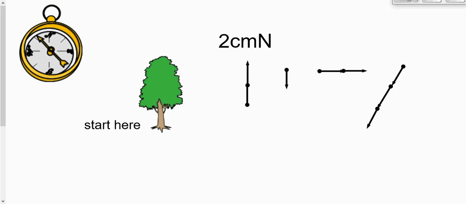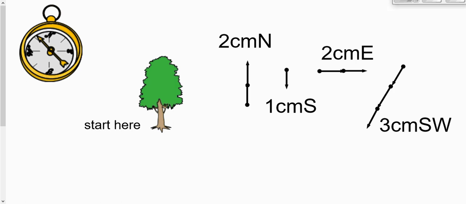Each stick will be numbered with its size and the direction of motion. For example, this could be 2 centimeters moving north. This stick might be 1 centimeter south. In my examples, I also have 2 centimeters east and 3 centimeters southwest. I want you to try putting the sticks together in different orders and calculating the displacement.